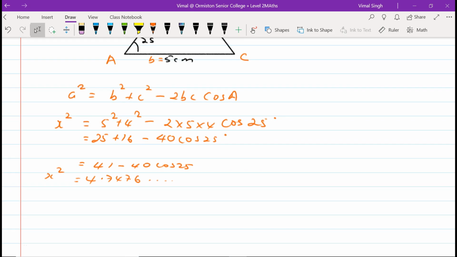And I'm going to take the square root of that now, so x is the square root of 4.7476, and that gives me 2.1789. I'm going to round this to 2.18 to 2 dp. Okay, so that was finding one of the sides.